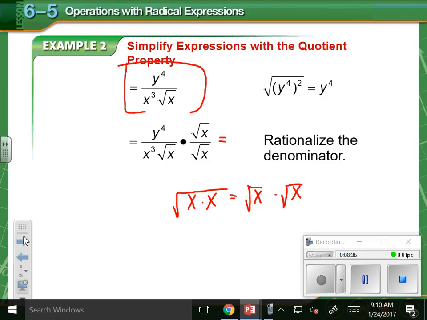It works the other way also. If you have 2 underneath their own radical, then you can put them together underneath 1. So on the denominator this would become x to the 3rd square root of x squared. The top would be y to the 4th square root of x.